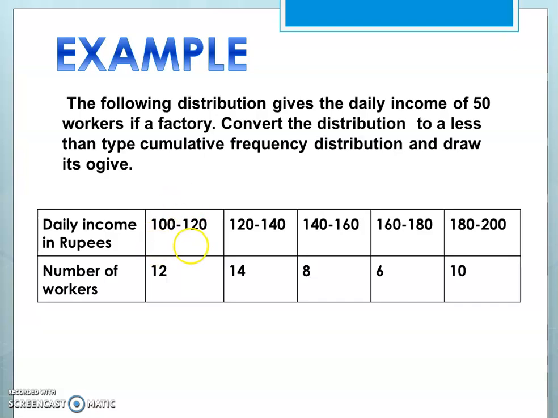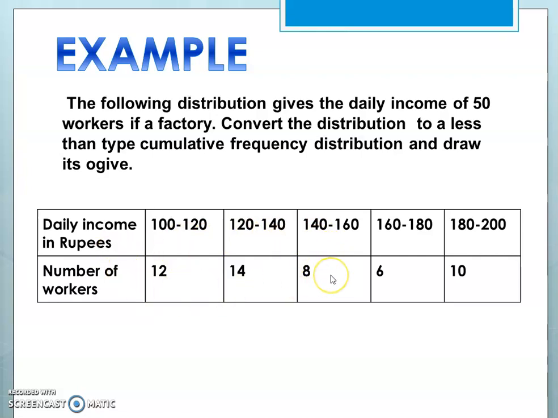So less than 120, you have 12 workers who are getting less than 120 rupees. When I talk about less than 140, it will include less than 120 also, so it will be 12 plus 14, that is 26. When I say less than 160, it will contain less than 120, less than 140 and less than 160.